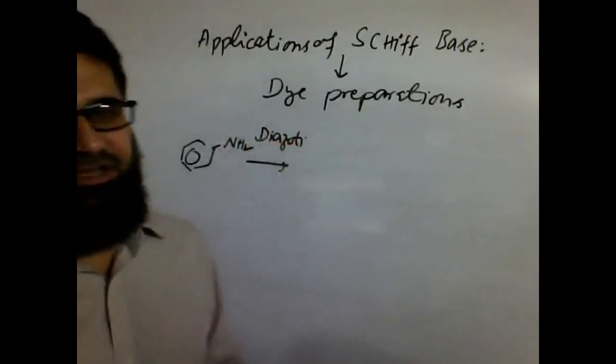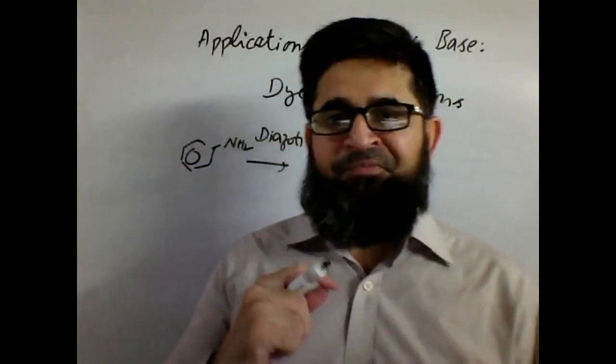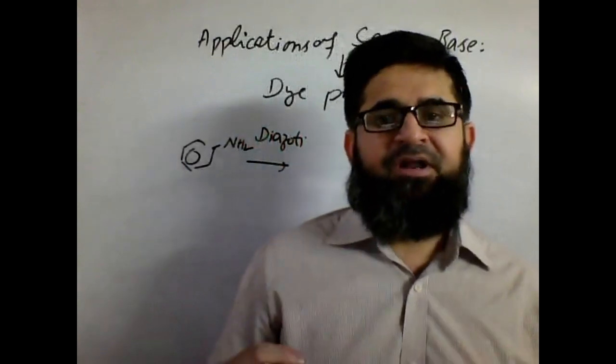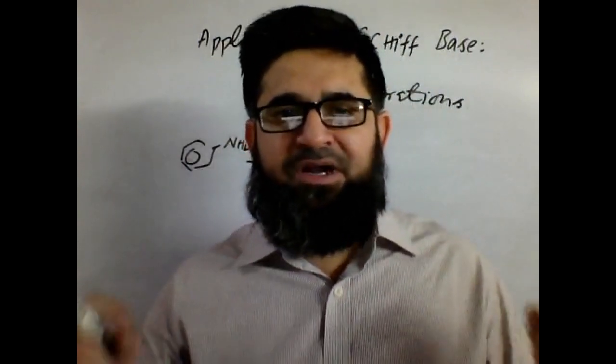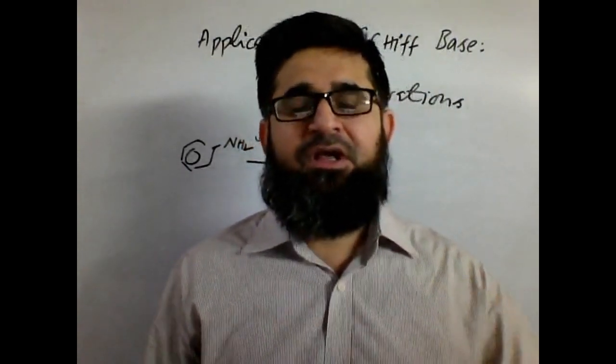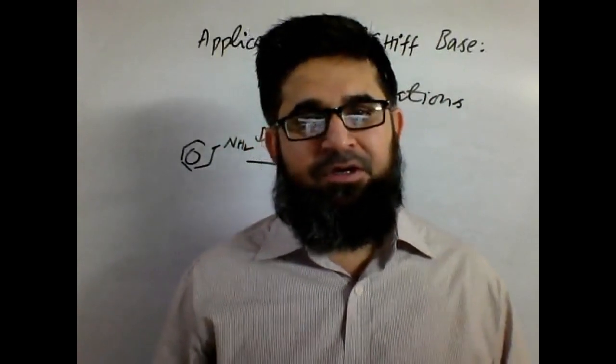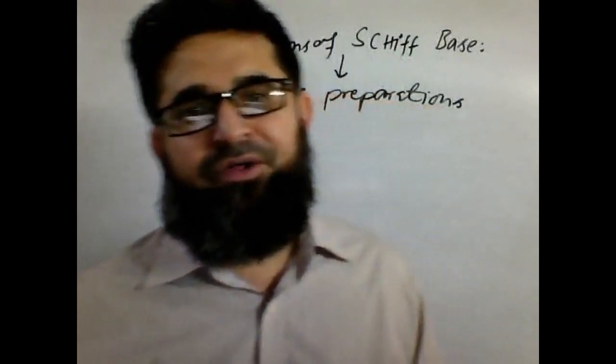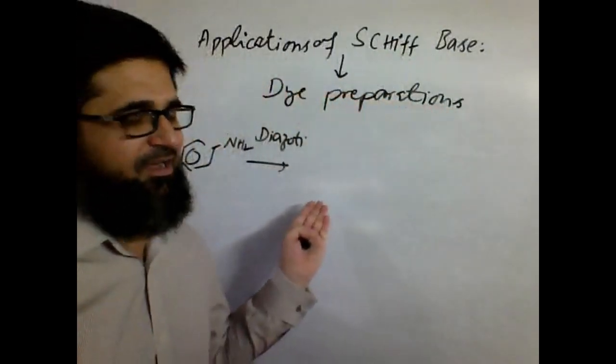What is diazotization? What are the requirements of the condition? That has been very well discussed in a separate lecture, and I've also given a separate lecture on azo dyes preparation. You may visit or consult that in order to get a bit more detailed idea.